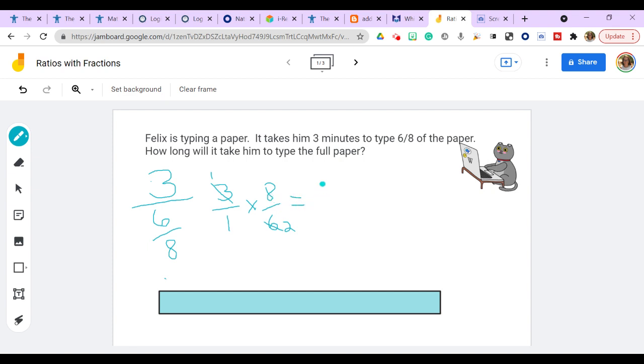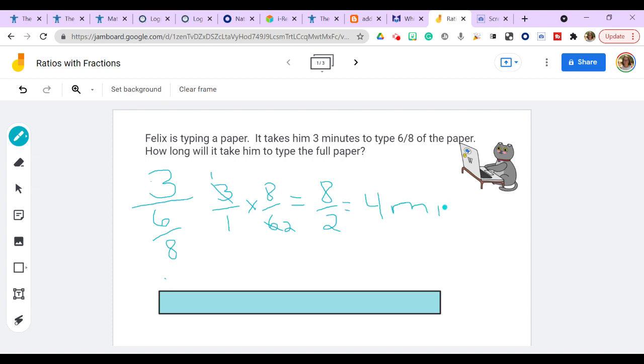And that will give me the answer 8/2. This is an improper fraction. Again, thinking about how many times 2 can go into 8, that'll give me 4. Nice and clean. So if we think about this problem visually, we know that it's going to take him a total of 4 minutes to type the entire paper.